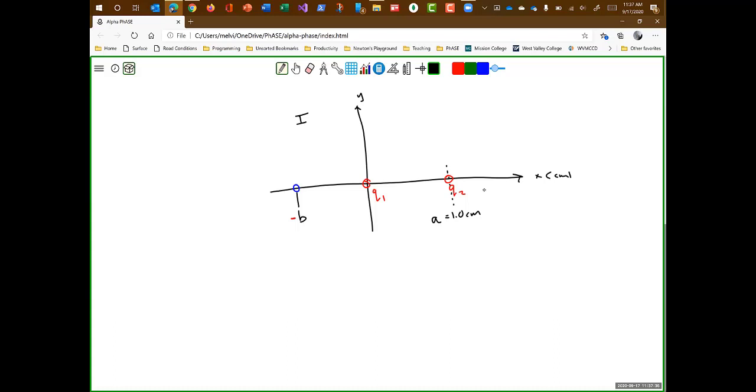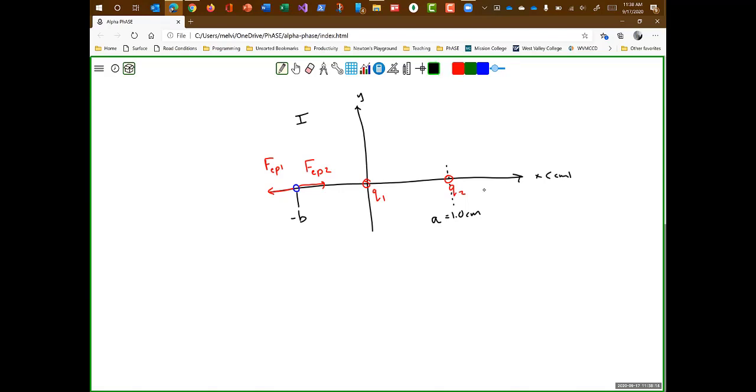So in essence, we're finding the value for B. Now, at this point, we have the repulsive electric force on the proton from charge 1 and the attractive electric force on the proton from charge 2. And that position would be the position in which those two forces balance, giving us a zero net force.